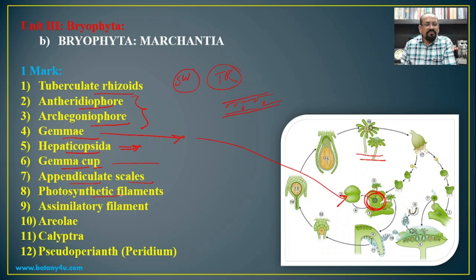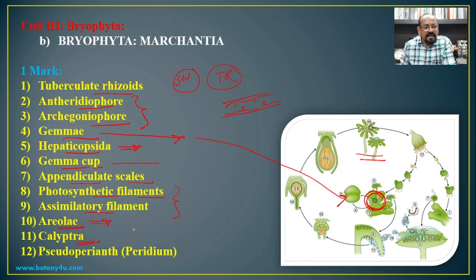Then photosynthetic filaments. If you see the VTS of the thallus, the upper zone is provided with assimilatory or photosynthetic filaments, which are involved in the process of photosynthesis. Then areolae are structures involved in the exchange of gases and are present on the upper side, or the dorsal surface, of the thallus.